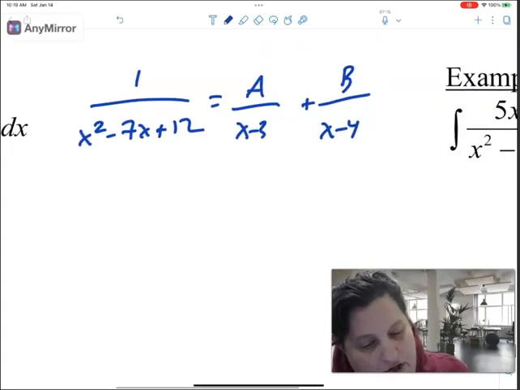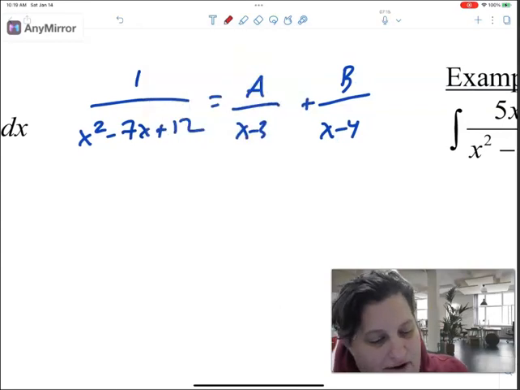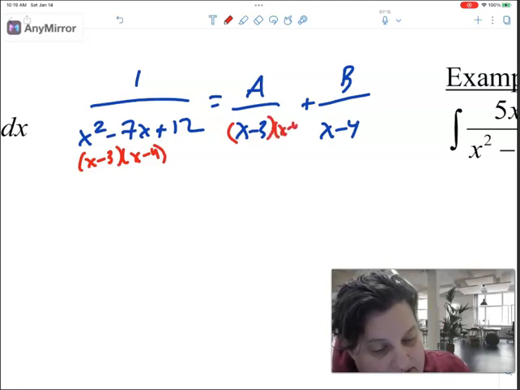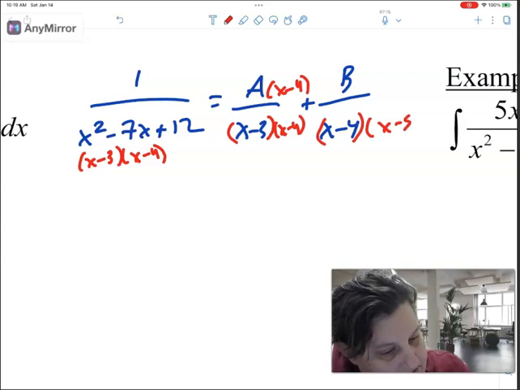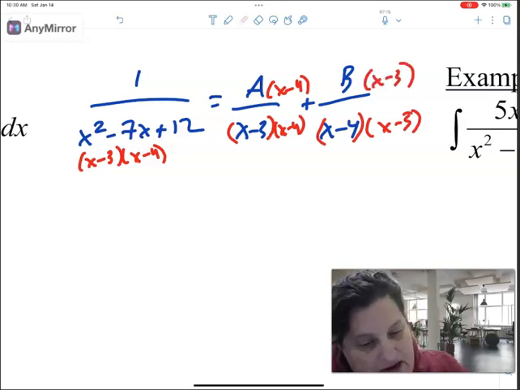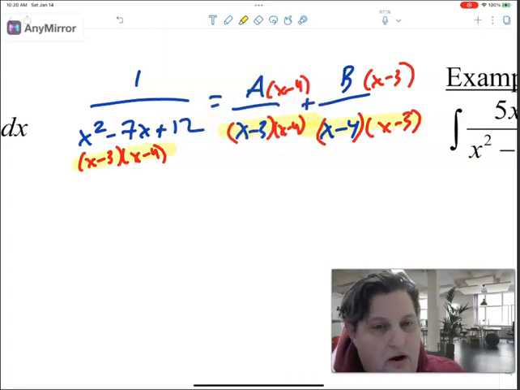Okay, so in order to get rid of the fractions, basically what I want to do is, this is x minus 3, x minus 4, so I can get all these to match if I put x minus 4 on the top and bottom, and then I put x minus 3 on the top and bottom. Okay, so do you guys see how these terms are all identical?